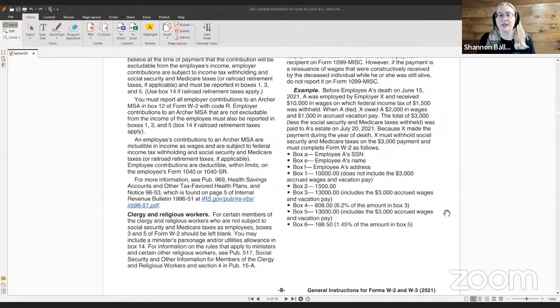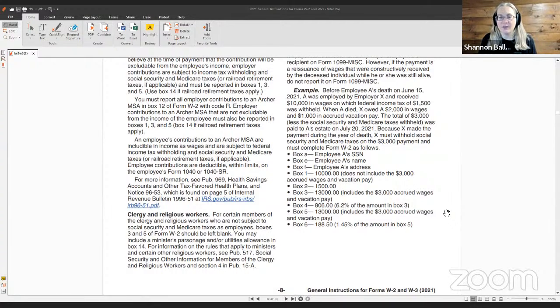So example, before employee A's death on June 15th, 2021, A was employed by employer X and received $10,000 in wages on which federal income tax of $1,500 was withheld. When A died, X owed A $2,000 in wages and $1,000 in accrued vacation pay.